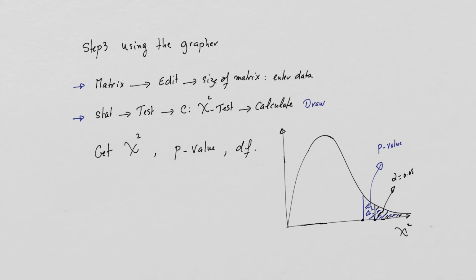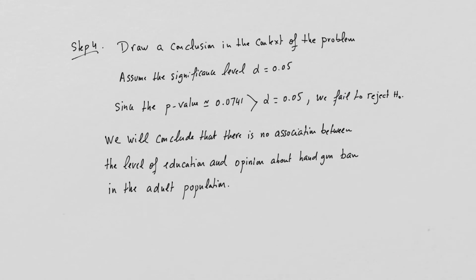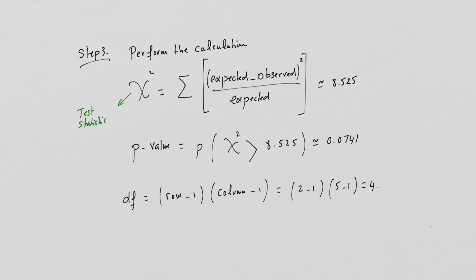Now, once you find this location, and I'll put it here for you. The chi-squared value is 8.525. So this is the location. The next thing I want to do is find this area in blue, to the right of the location. It's called the p-value. So the p-value is the probability that the chi-squared is more than 8.525.